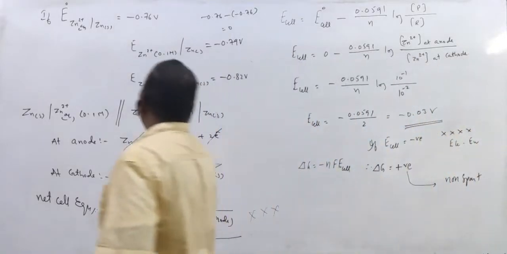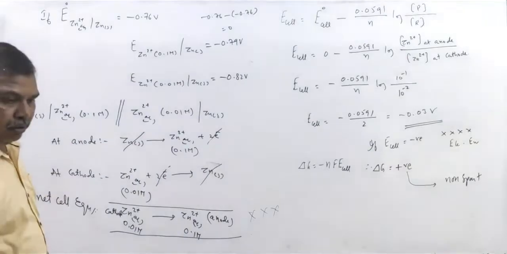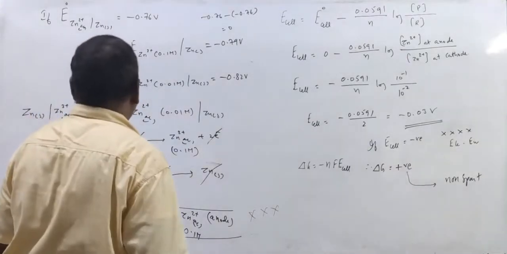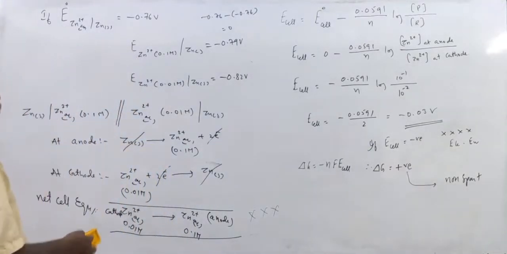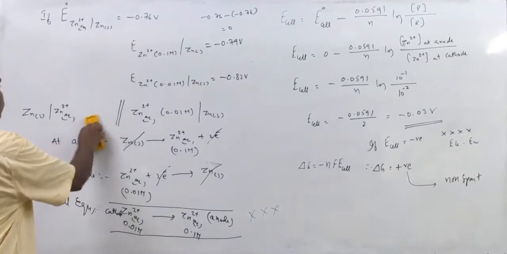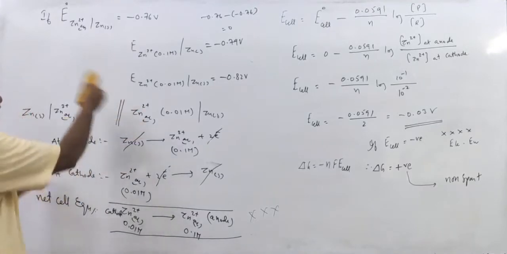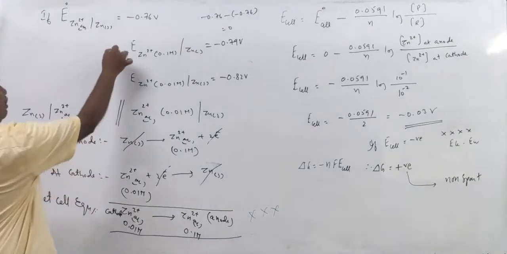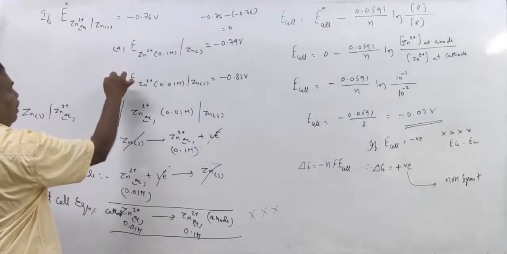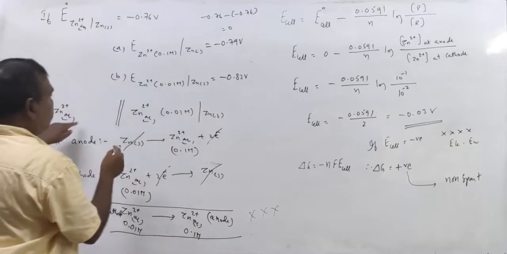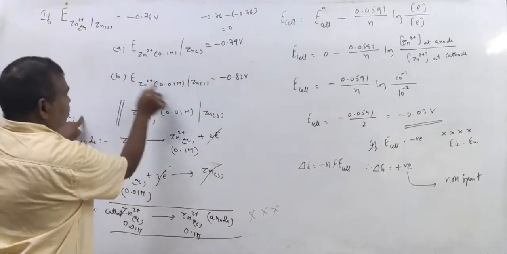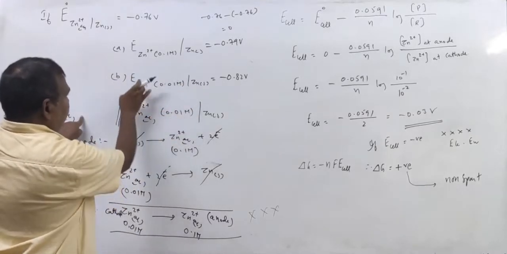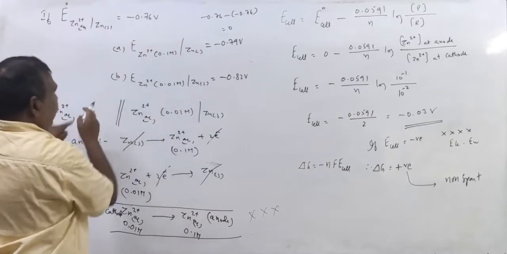Now, suppose to get electrical energy, what we have to do here? We have to change the anode and cathode. Now, I am taking this A as cathode and this B as anode.